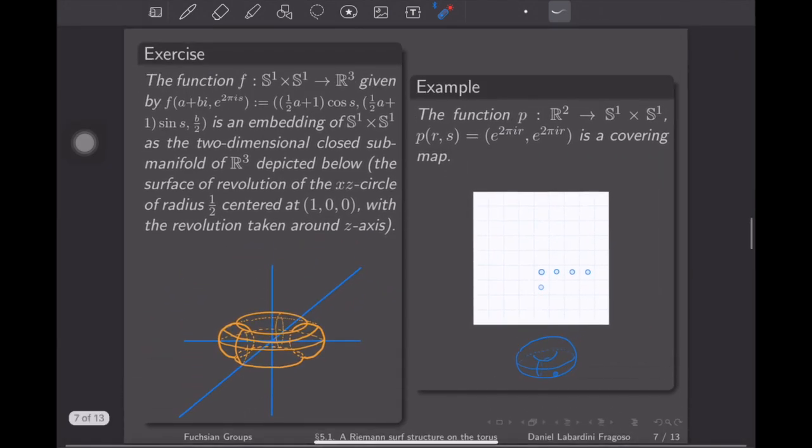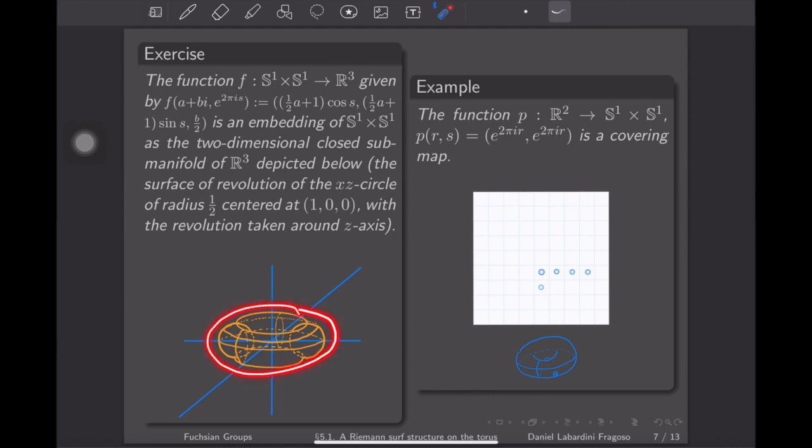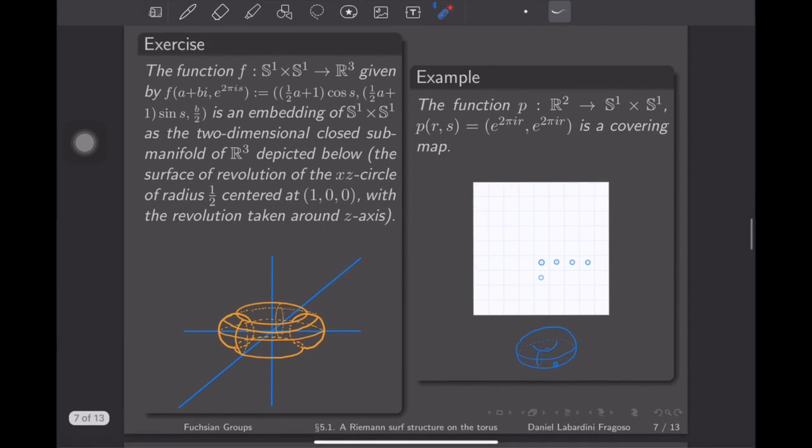Okay, and then here I give you a specific function, and I ask you to check that it is a closed embedding of this two-dimensional abstract manifold into this concrete closed two-dimensional submanifold of R3. Okay, and then with this in mind, I will just start drawing this as we usually do, as a surface of revolution.